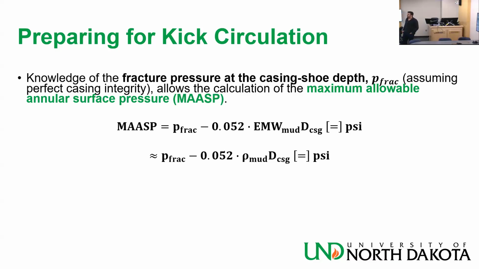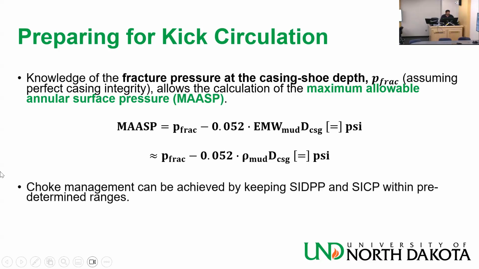Which will lead to a bigger value for MAASP, using EMW or using rho? Rho. Using rho. Okay, so I'm safer if I use rho. So it doesn't matter, I don't need to worry about EMW. Most of the books you are going to see use this second equation, because it's safe.